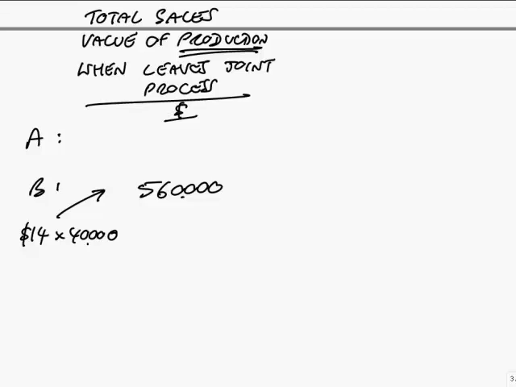Product A has a slight problem. Of course, we know how many kilos were produced: it's 10,000. However, although it's eventually going to be sold for $10, that's not its value when it left the process.